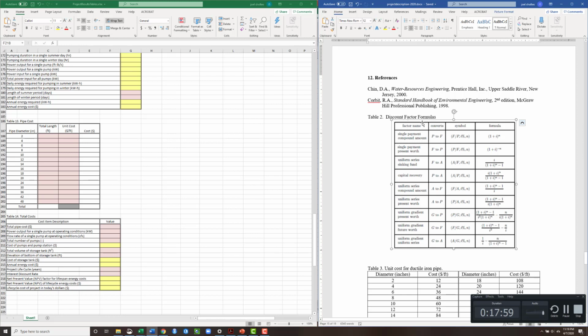So I will let you figure out which discount factor you should use for net present value. And then you can actually calculate the net present value of the energy costs and then the total cost of the project. So ultimately, you'll end up with the total life cycle and net present value costs of the project.